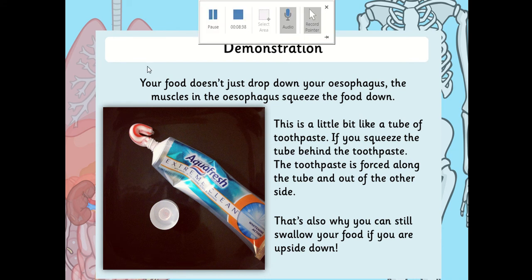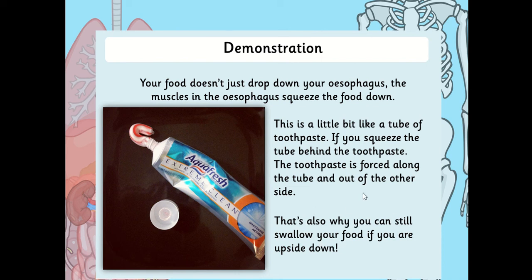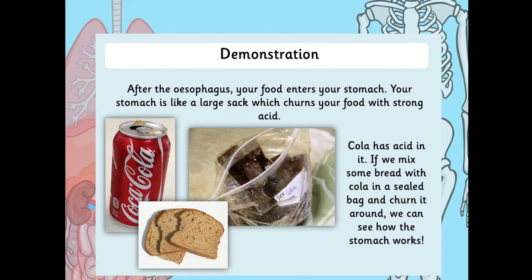So if I was to get some toothpaste out, I would squeeze this and it forces it down and out the other side. I wouldn't try this, but that's also why you can still swallow your food if you are upside down. It doesn't just drop down that tube that connects to your stomach, it is squeezed with muscles.